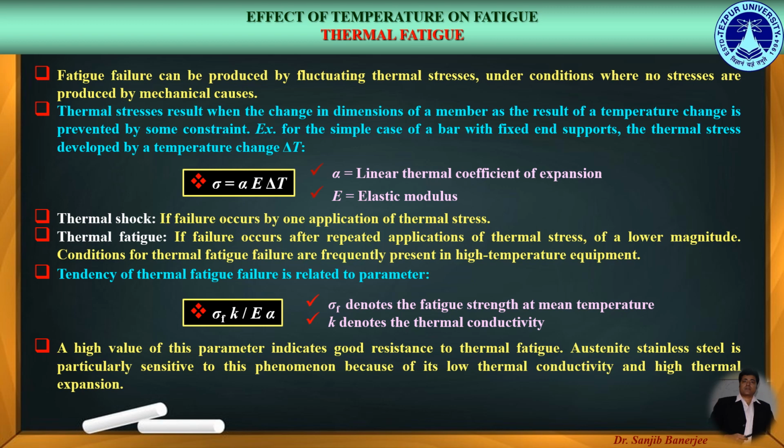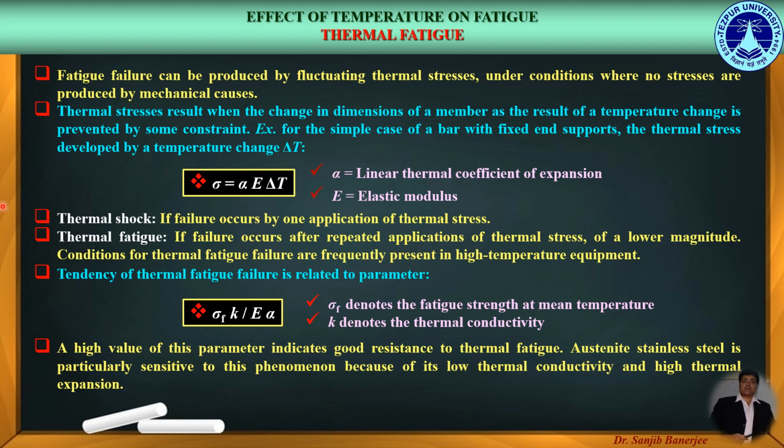For example, in the simple case of a bar with fixed end supports, the thermal stress developed by a temperature change delta T is given by this particular equation, where alpha denotes linear thermal coefficient of expansion and E denotes the elastic modulus.